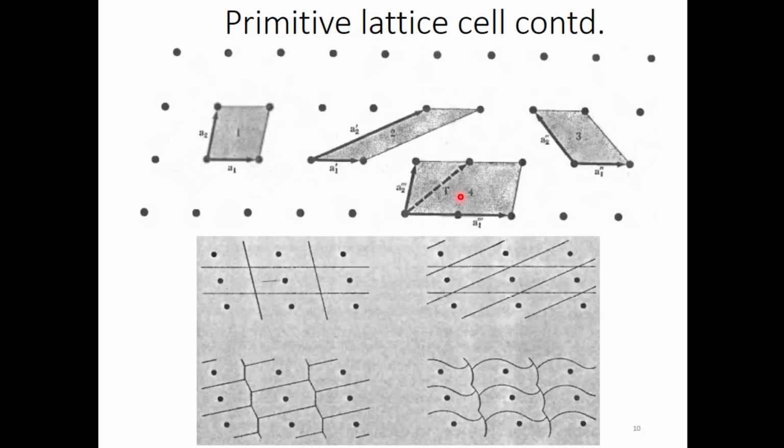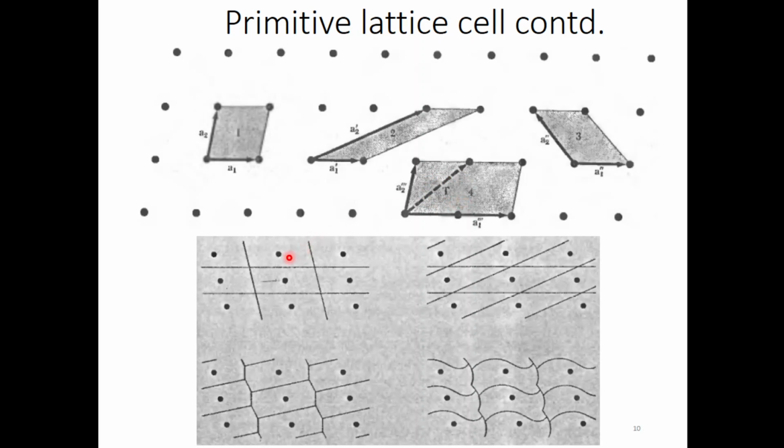This is quite obvious. Why? Because 1 point comes from all these corner points, whereas 1 additional point comes from these 2 midpoints, right? So this is not a primitive unit cell.